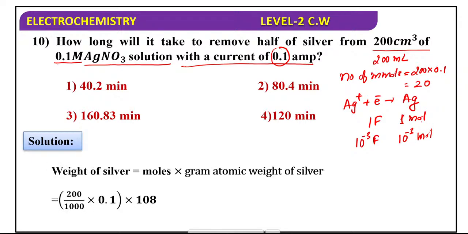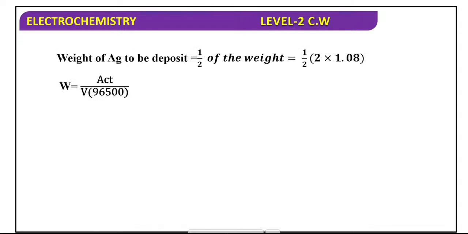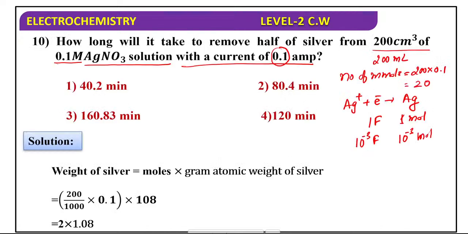Okay. So weight of silver is equal to moles into gram atomic weight of silver. Number of moles is molarity into volume in liter, so it is volume in ml, 200 over 1000 into 0.1, and atomic weight is 108. So in this way we will get the weight of silver deposited, that is half of 2 into 1.08.